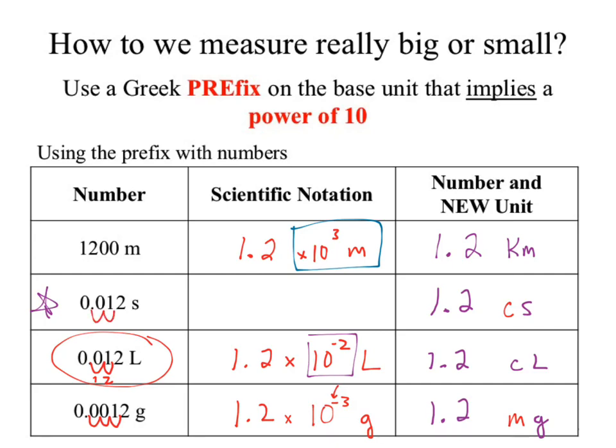So 1, 2, that would be 1.2. I don't like decimals, so I'll shift it one more. If I do that, what happens? Would I have a decimal value anymore? No, I'd have 12. And I'd have 12, how many times did I shift the decimal? 3 times. Was that number big or small? Small, so that's a negative 3. What does this come out to as a final answer then?